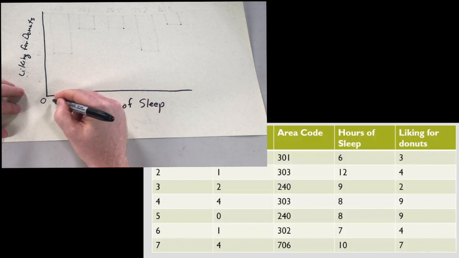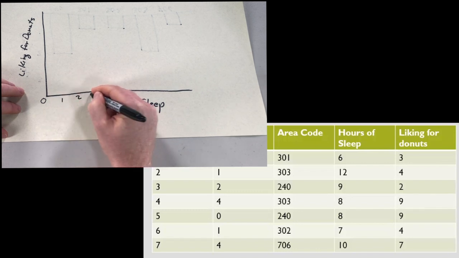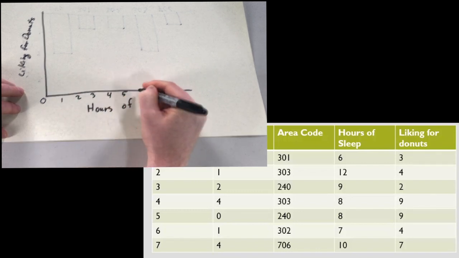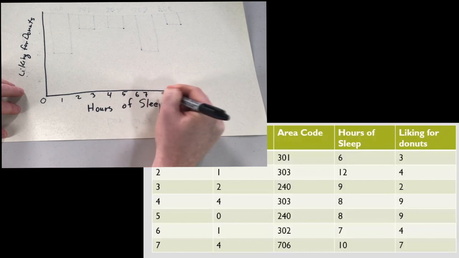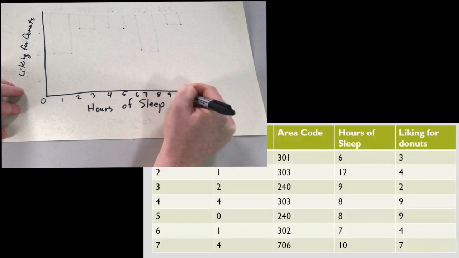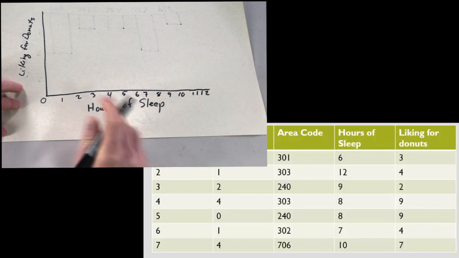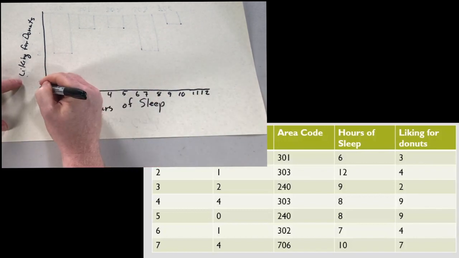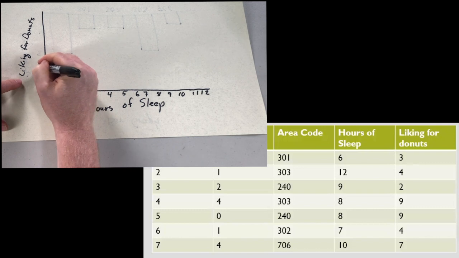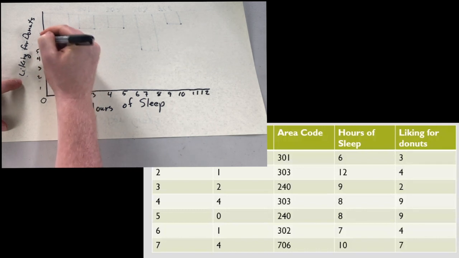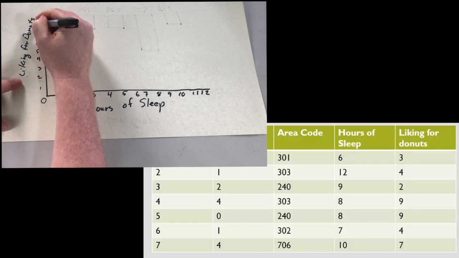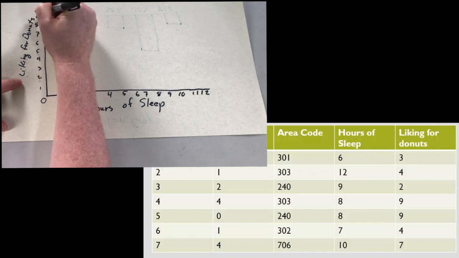So we're going to start with 0 over here, but let's go ahead and do 1 hour sleep, 2, 3, 4, 5, 6, and 12. Okay, good. Liking for donuts goes all the way up to about 10. So 1, 2, 3, 4, 5, 6, 7, 8, 9, and 10 is up there.